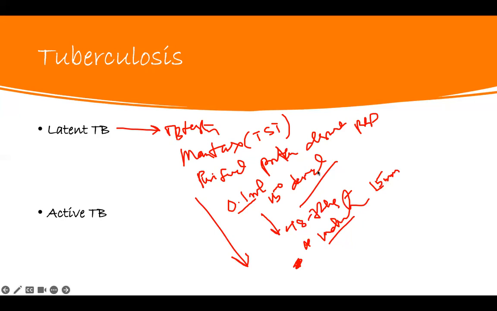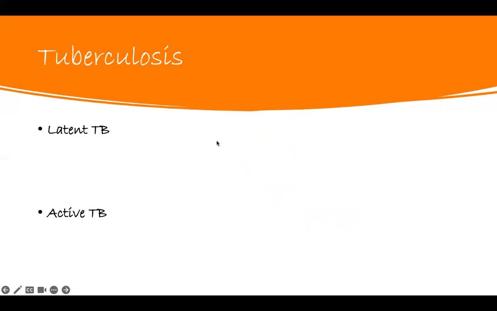If this is positive and without symptoms, that means you have latent TB. They usually get a chest X-ray to make sure there's no active infection, and then you'll be considered latent TB.